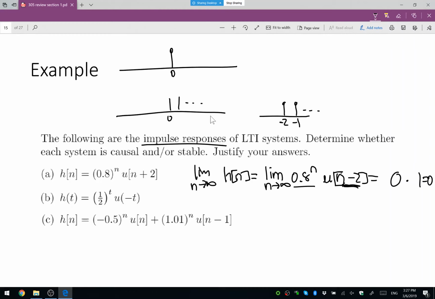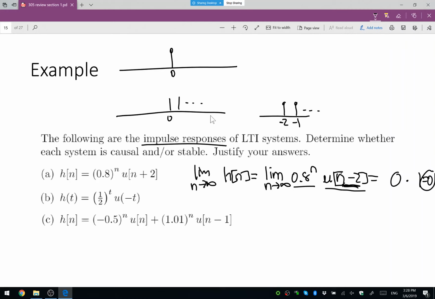When n goes to infinity, this one becomes 0. And on the whole right-hand side, the step is always 1. So the answer will be 0 times 1, which is 0. And that's enough without checking a bounded input. 0 is bounded, so you don't have to do the input. Okay.